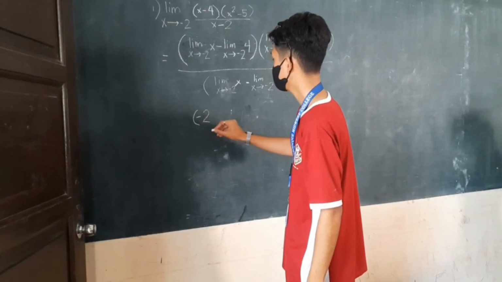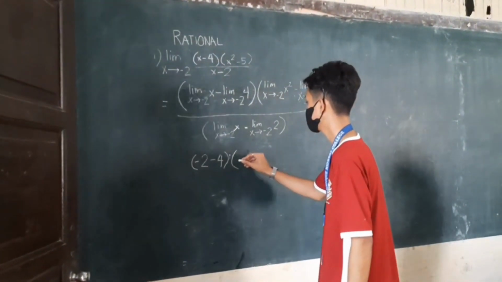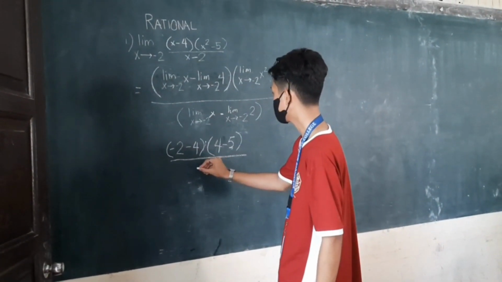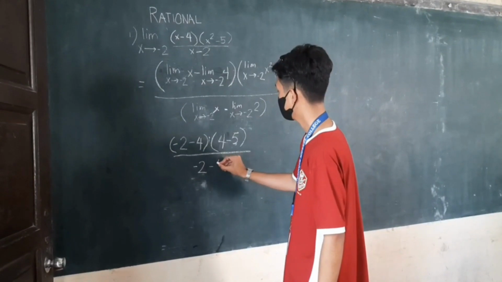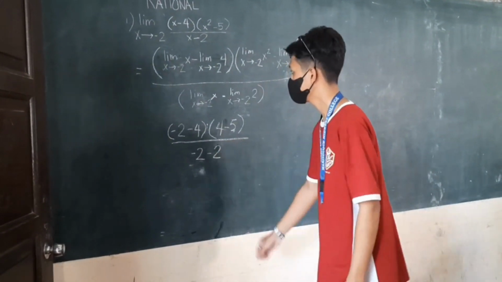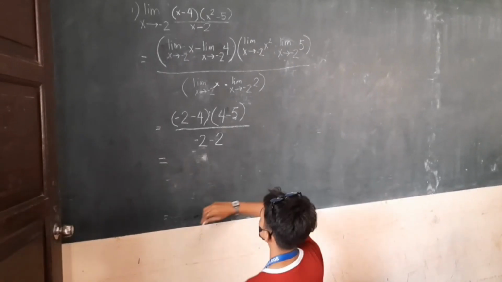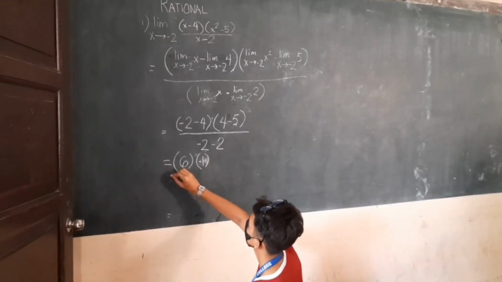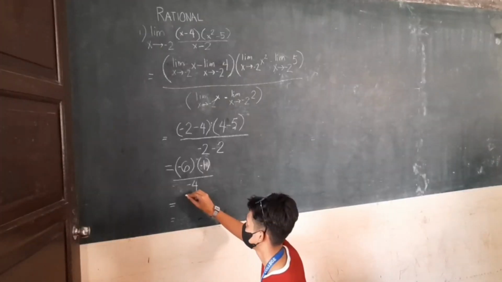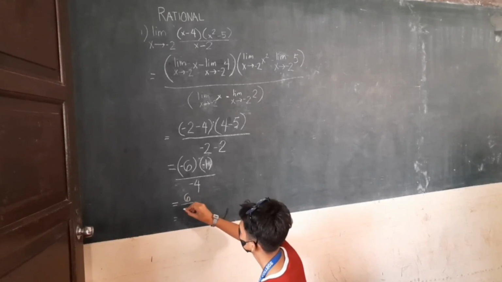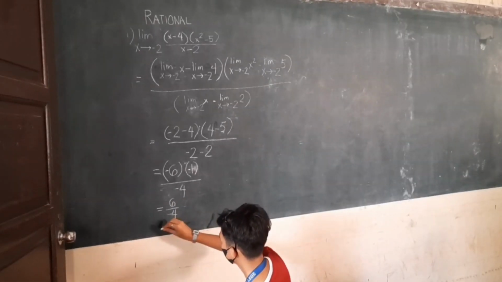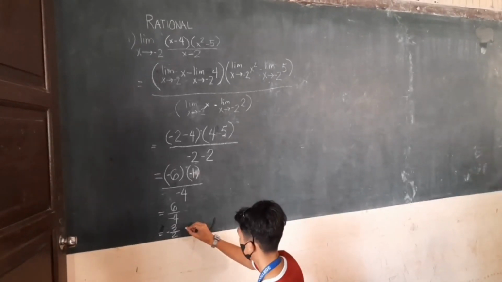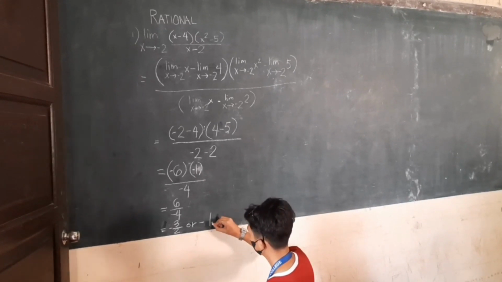Negative 2 minus 4 times 4 minus 5, divided by negative 2 minus 2. The answer will be negative 6 times negative 1 divided by negative 4, which is 6 over negative 4. The final answer will be 3 over negative 2, or negative 1.5.